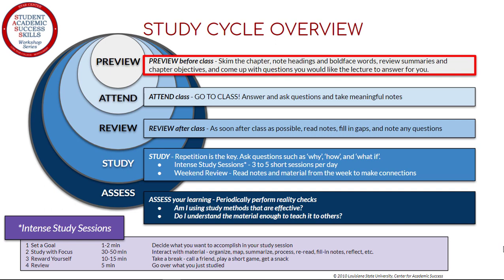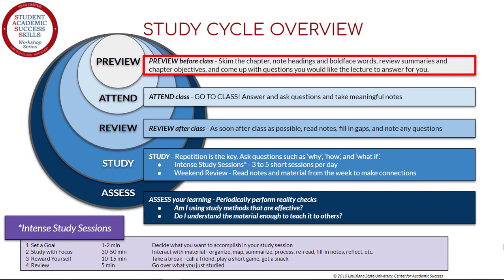All of this will give you an idea of what the class lecture or what you're about to read in your book will explain, and give you the opportunity to come up with some questions you would like the lecturer or your book to answer for you. By doing this, you are priming your brain and preparing it to make deeper connections with the details that will follow. This can easily be done in 10 minutes just before a class session or your study session.